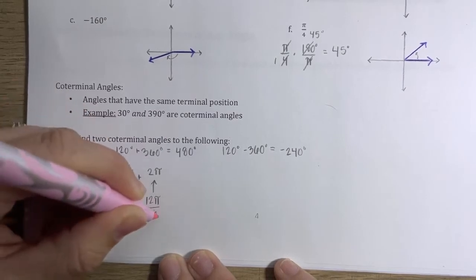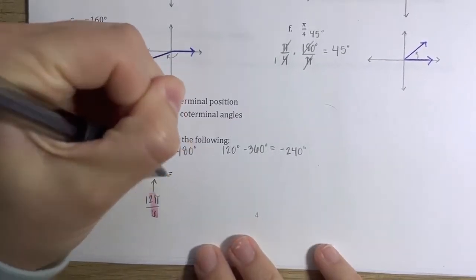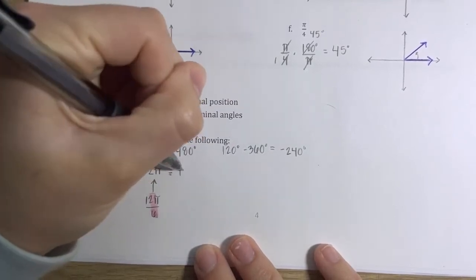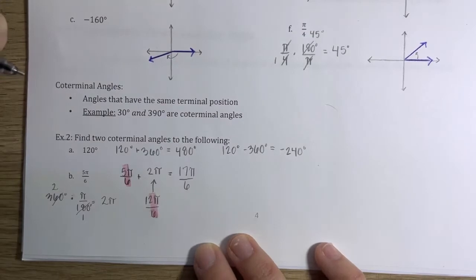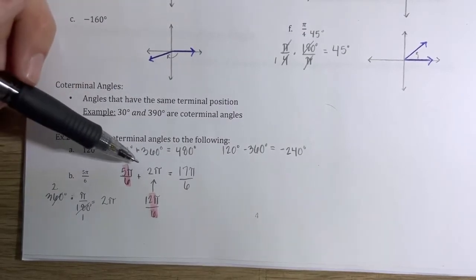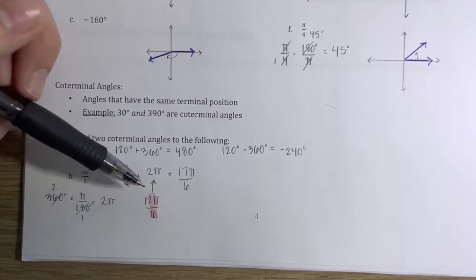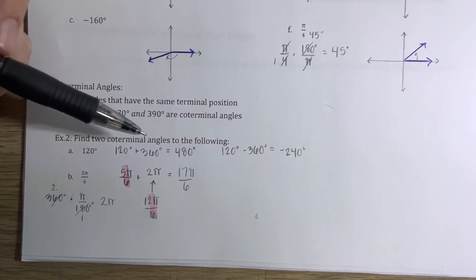So 5 pi over 6 plus 12 pi over 6 is equal to 5 pi plus 12 pi altogether is 17 pi over 6. And then we can either continue to add another 12 pi over 6, or we can start with 5 pi over 6 and subtract 12 pi over 6. It's up to you.